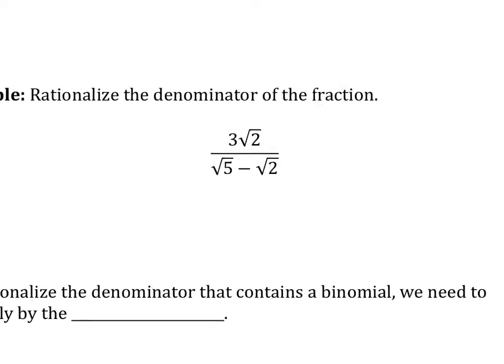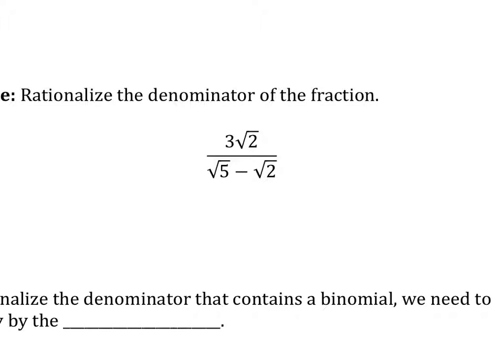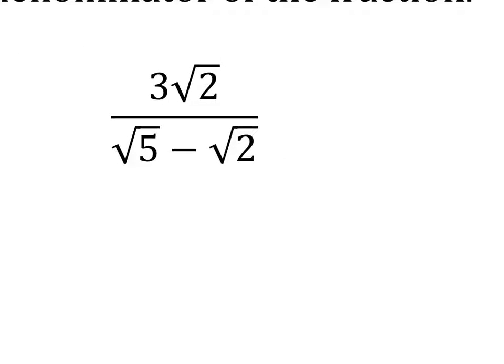We just cannot have radicals in the denominator. So when you see radicals in the denominator like this, what we did in the warm-up or the past 2 days is you rationalize it by multiplying by whatever it is to get out of the radical. But when you have something like this where it's a binomial, you cannot just multiply it by a square root 5 and then a square root 2 to get it out.